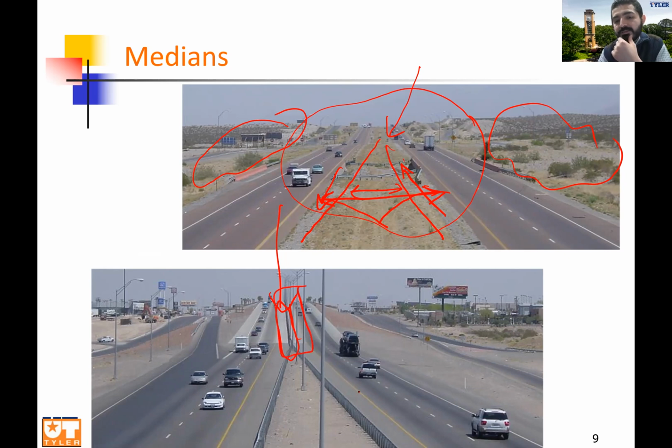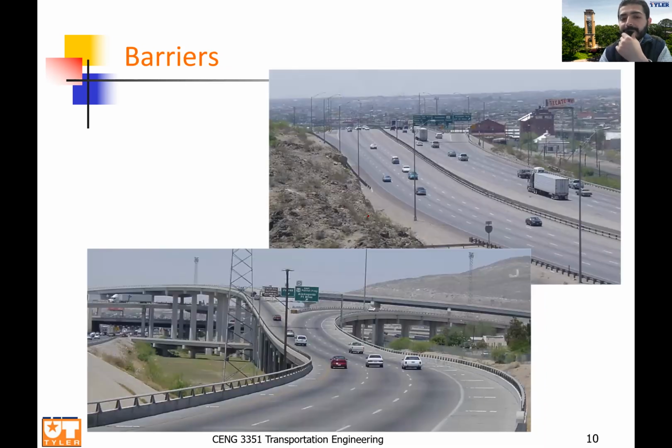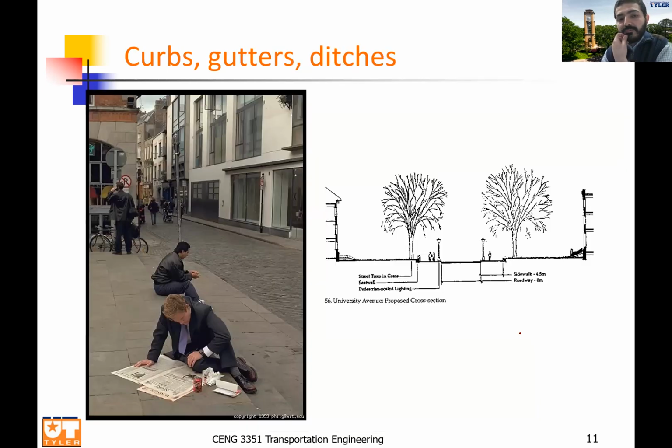And if there is enough space, we can have a median, but that median is way narrower than what we see in a rural setting. We can also have barriers that are super thin like what we see here, and we see them on big highways.